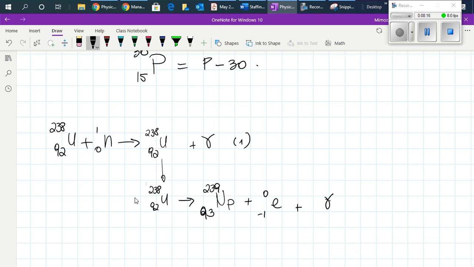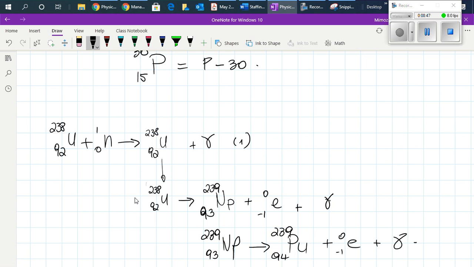And then this 93, 239 was hit by a gamma ray, and it became plutonium 94, 239 and an electron as well, and a gamma ray.